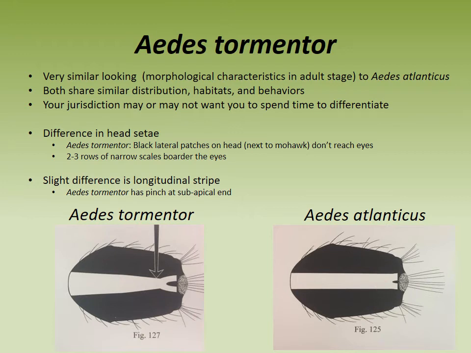Now, a lot of these specimens are going to be rubbed, and you're not going to see a very pristine stripe a lot of the times. And so that's why this one is a little more difficult to see, because I feel like even if this were a pristine specimen, you might think that, oh, is it really pinched, or am I looking at some rub happening and things like that. So I go more with the head CD when I'm differentiating these two.